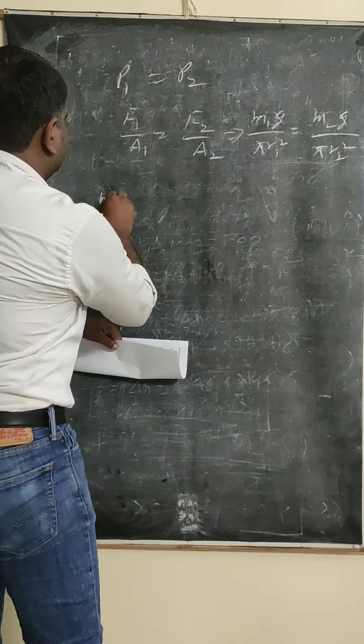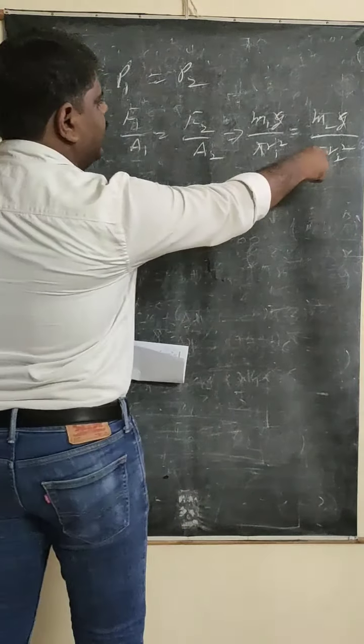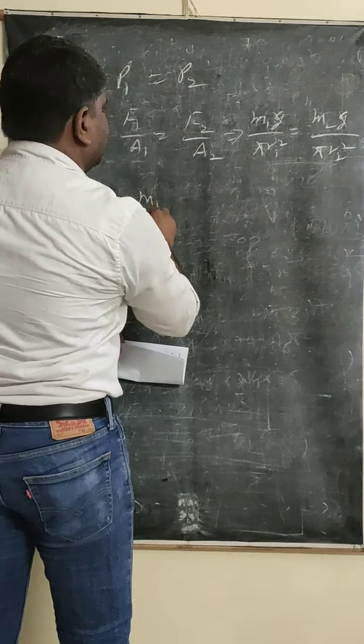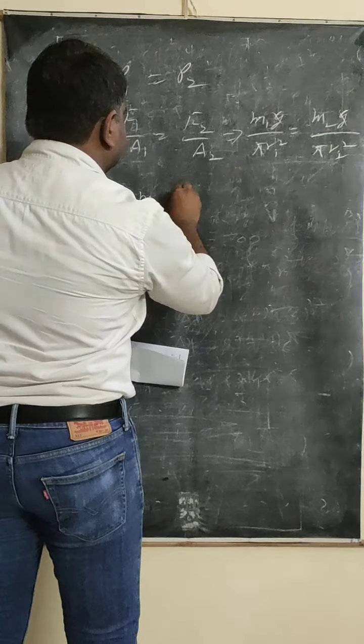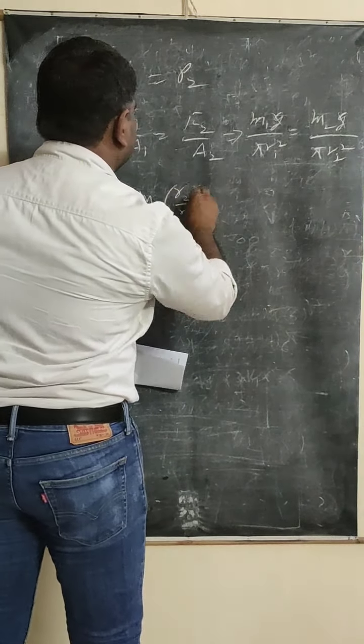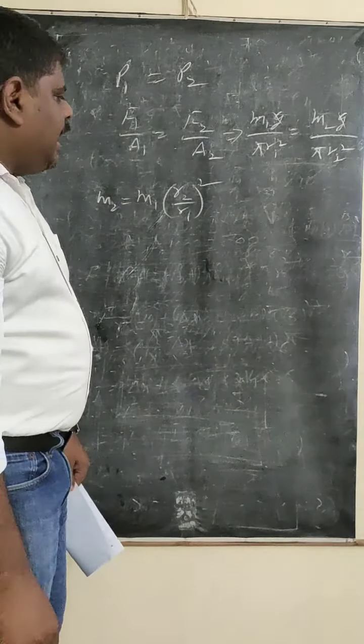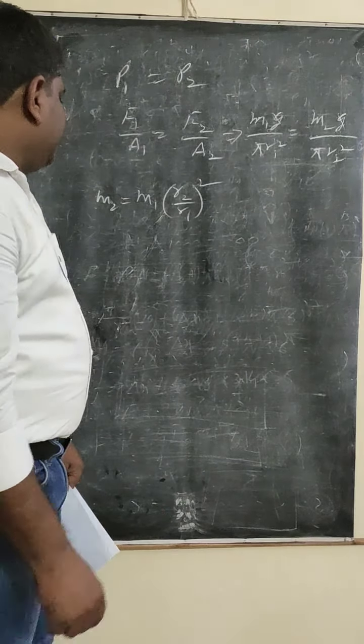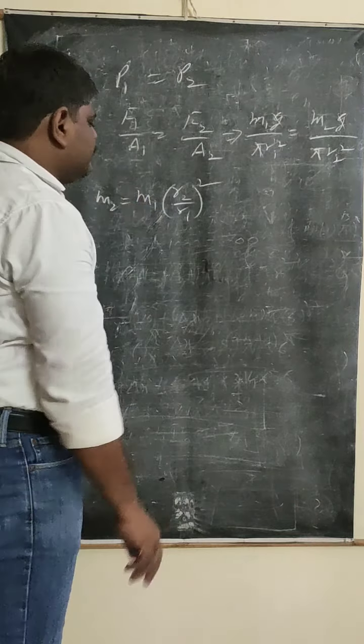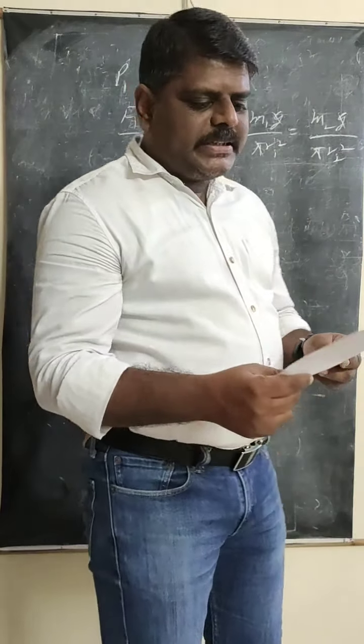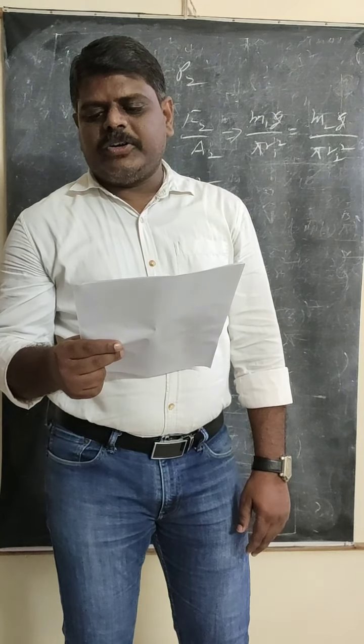M2 is equal to M1 into R2 by R1 whole square. Here M1 is given as 1500, and R1 is given as 20 and R2 is given as 1, because it is given 20 is to 1.